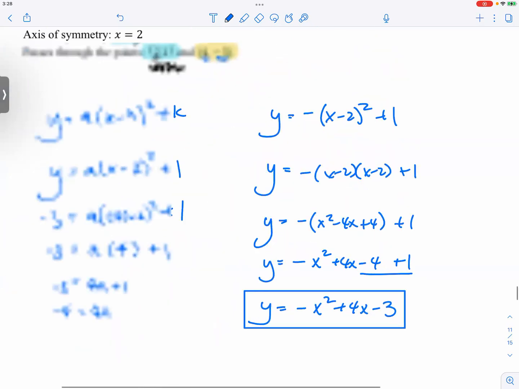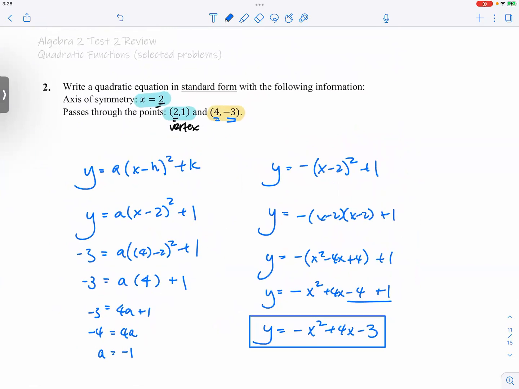So the key point of this question is that you need to understand how to analyze the information that's presented to you. By looking at the information, we ask, how are you going to get the standard form? Where do you start? We start from the vertex form, because we've got the most information and it allows us to write the vertex form very easily.